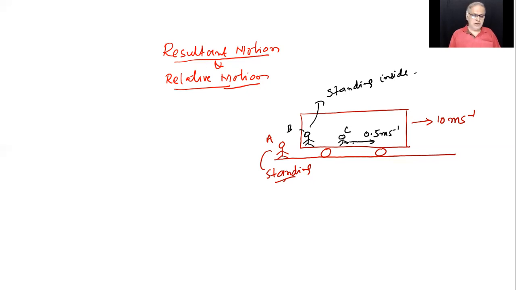Look, motion and rest are relative terms. Motion and rest have meaning only with respect to the reference frame in which you see that event of motion or rest. And remember, people use words like actually, feeling, without much thought. I'll tell you something.